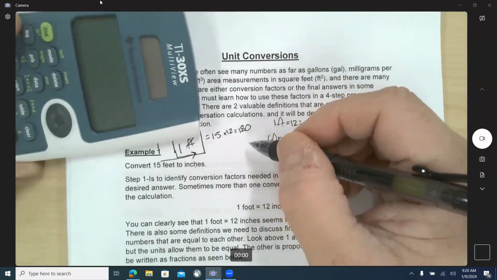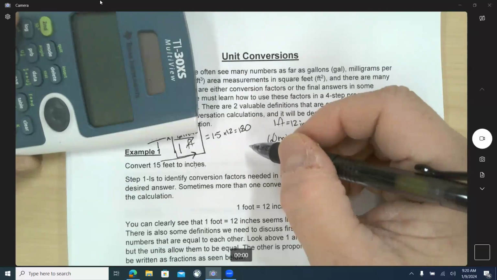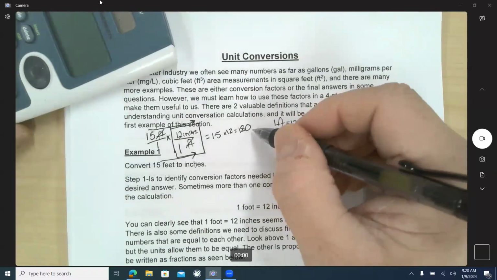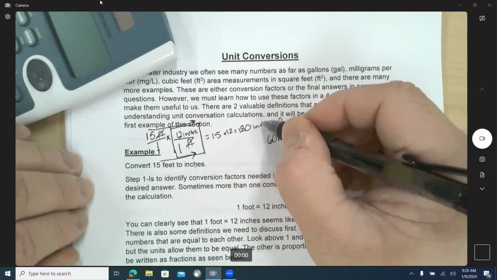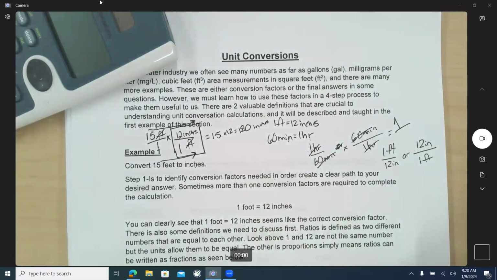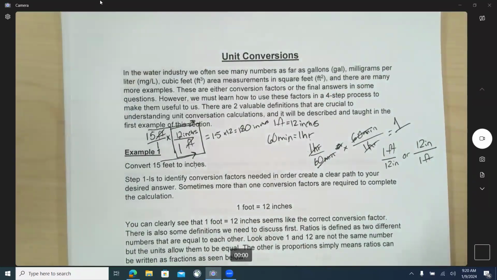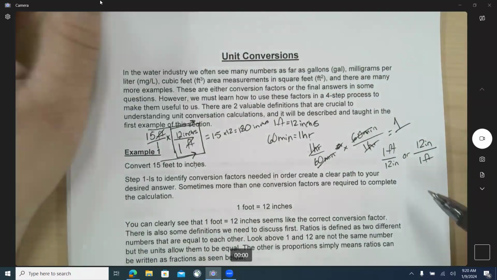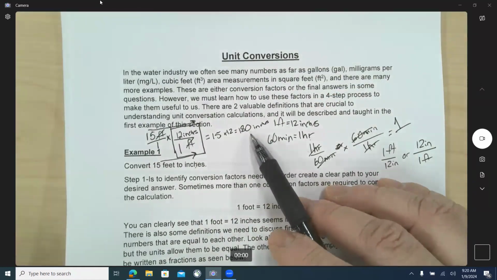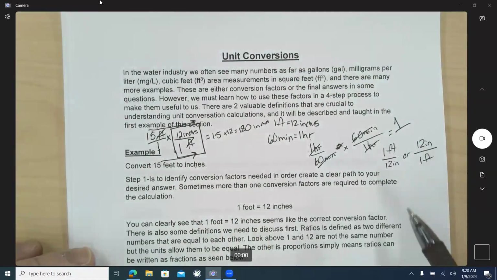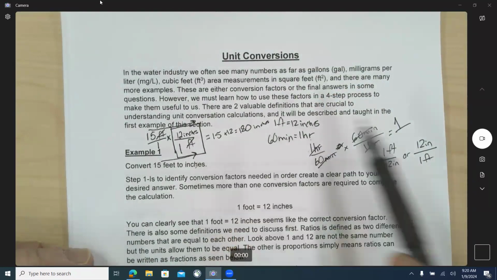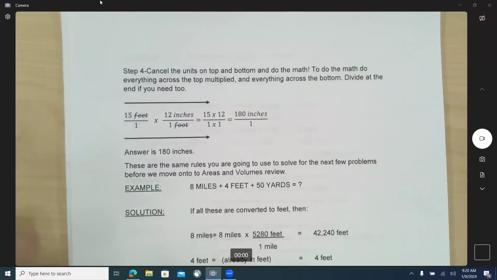And then if you look at the bottom, I got 1 times 1. Well, what's 1 times 1 equal? It equals 1. So 15 feet is 180 inches, I think. Let's probably check that. Yeah, okay. I can do some things in my head, but it has been like 4 months since I've taught this. So 15 times 12 equals 180 inches. All right.